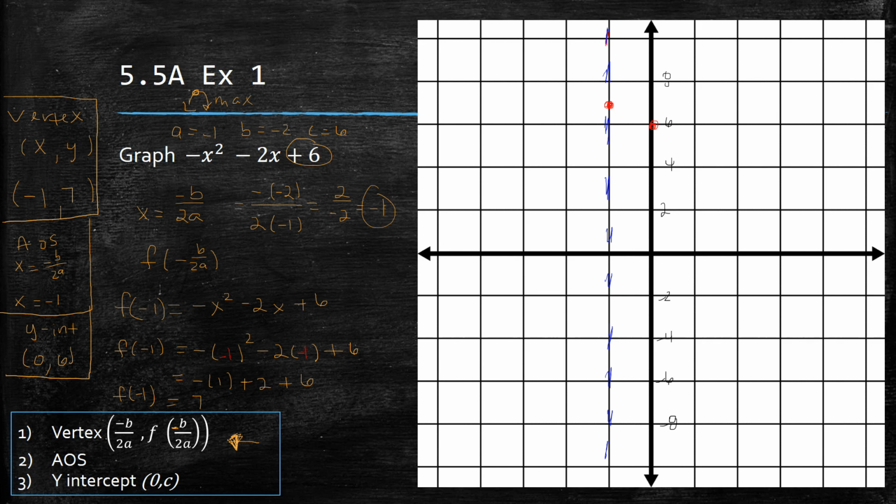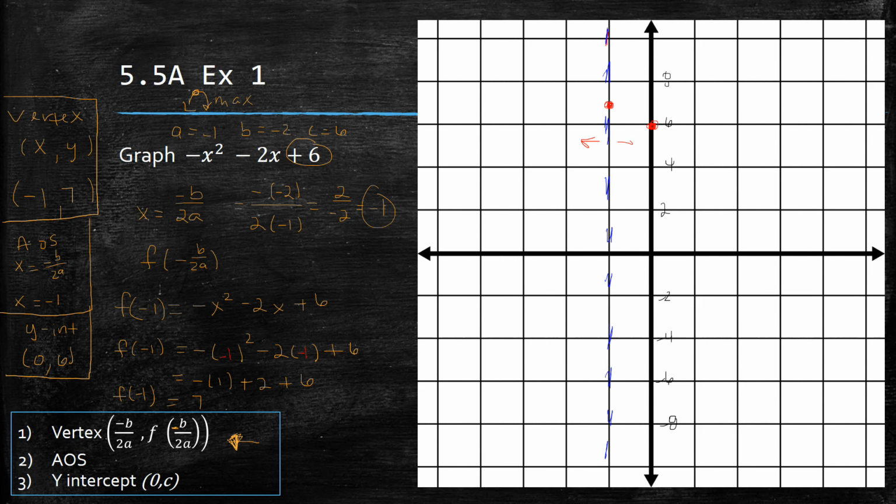Okay, now the cool thing about the axis of symmetry is it allows us to kind of copy points that are reflected across. So if I have this point for my y-intercept, I know that there's another point the exact same distance on the other side.